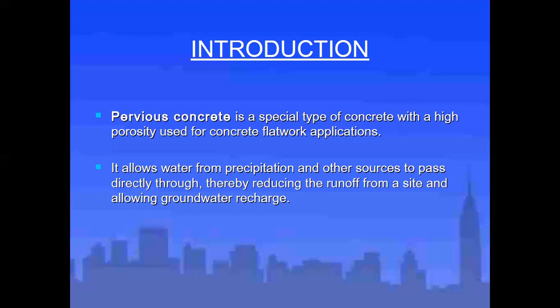The density of this type of concrete is very low as compared to normal concrete. The water can pass through it because there is high porosity in this type of concrete. So this is the introduction part. There are a lot of conditions, or you can say suitability, where we provide pervious concrete instead of normal concrete. Let's discuss in detail.